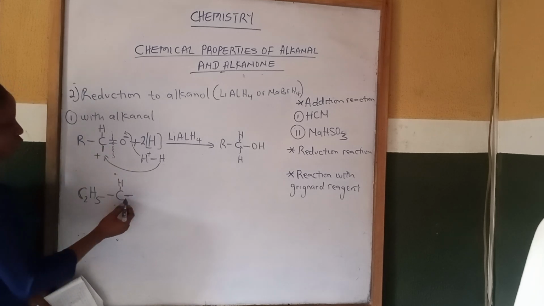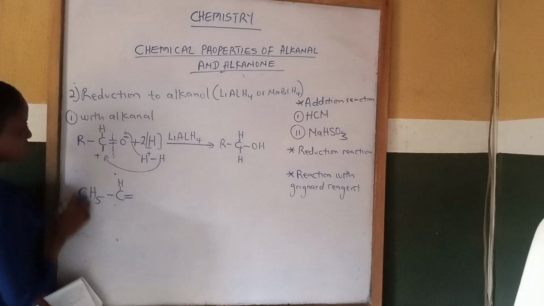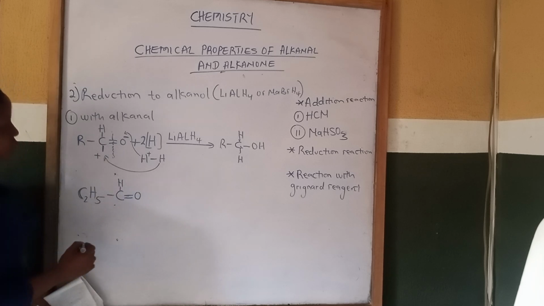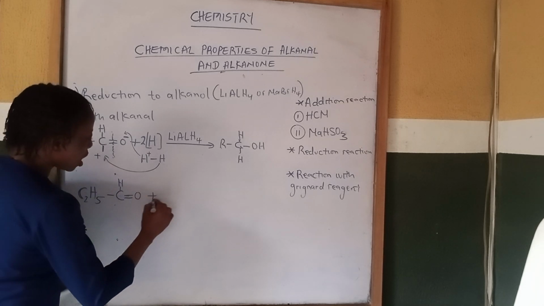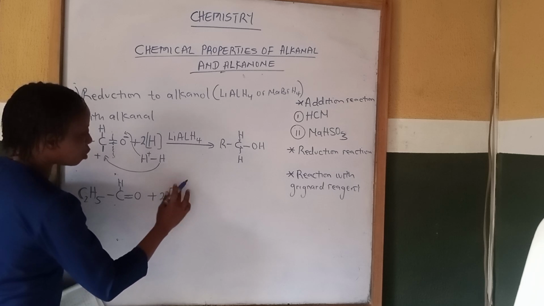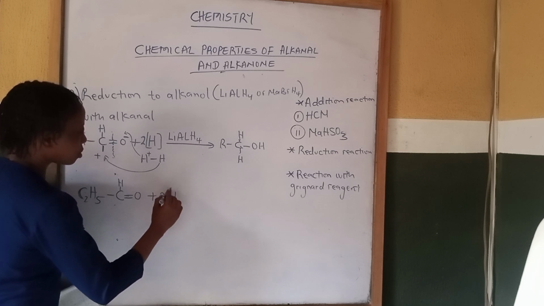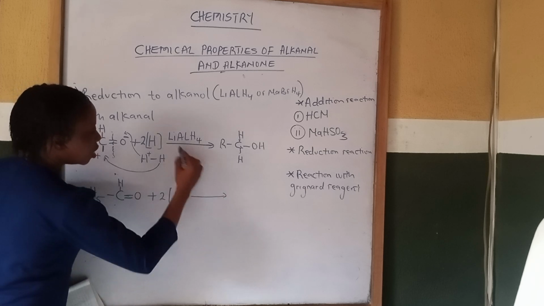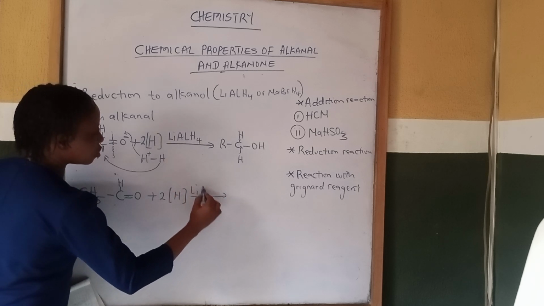This is an alkanal now. I replace R with C2H5, then O, plus hydrogen from your reducing agent. Then your reducing agent goes on the arrow.